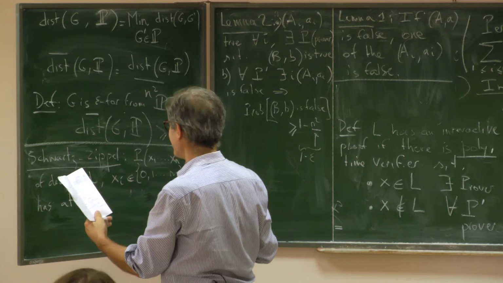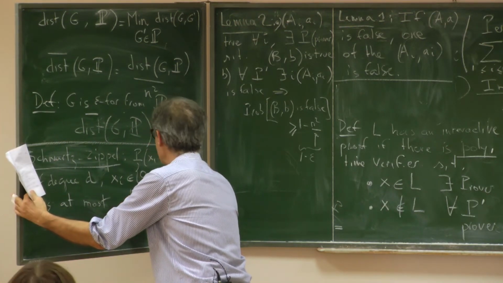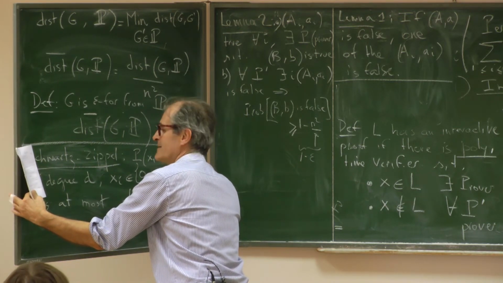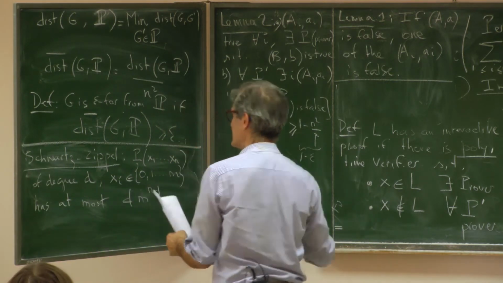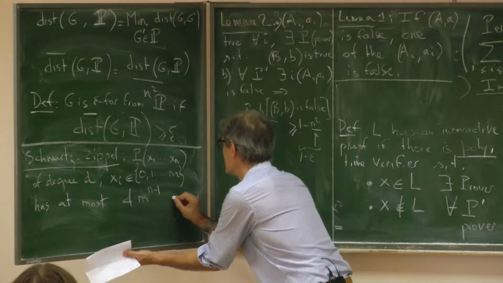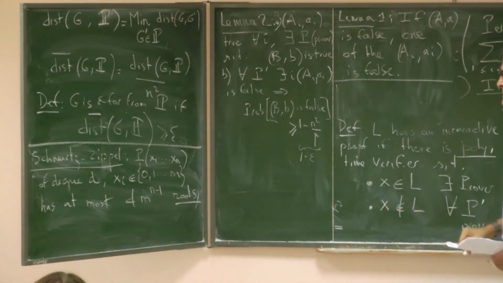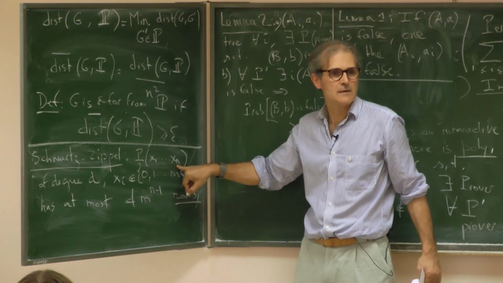So I mean, okay, the bound, it's actually exact. It's d times m to the power n minus 1. Okay, so think n equals 1.